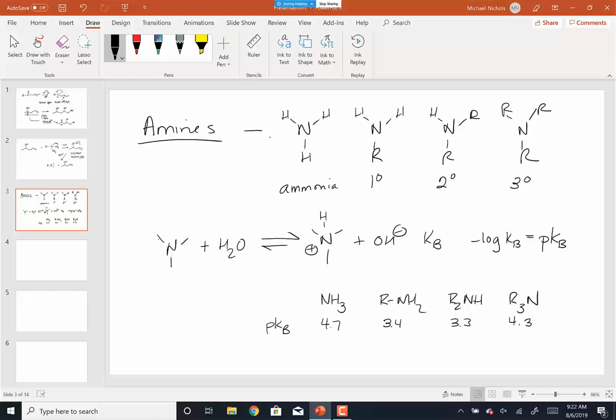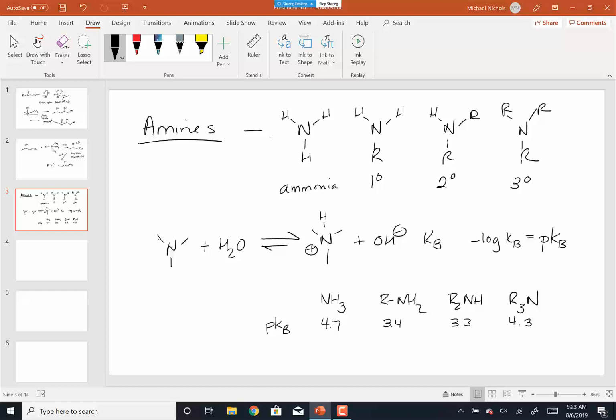But if I asked you which one of these is the strongest base, NH3 or R2NH, if this is our multiple choice strategy, you would have it narrowed down to two, knowing nothing. So then the question is, well, which is it?